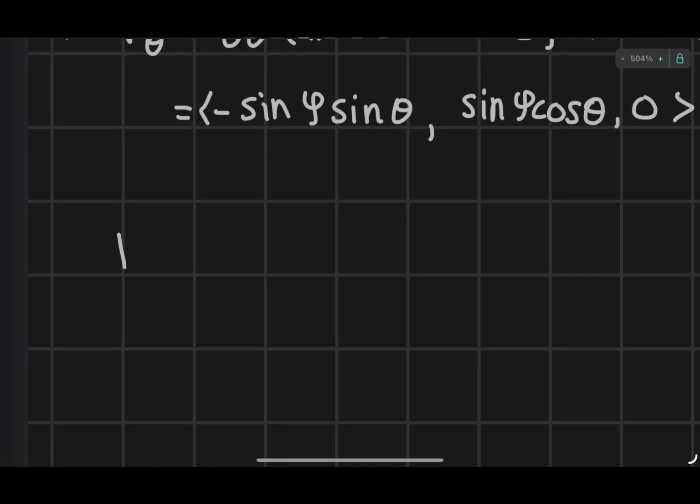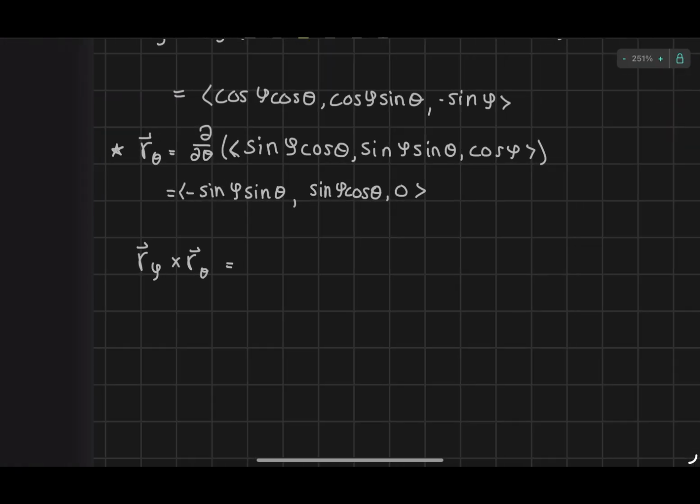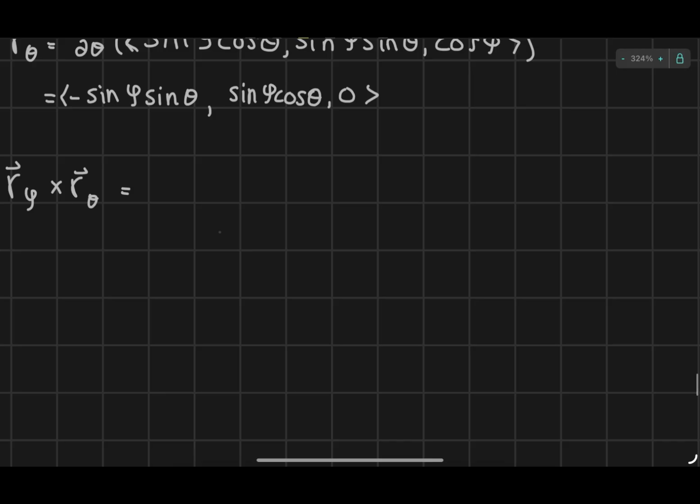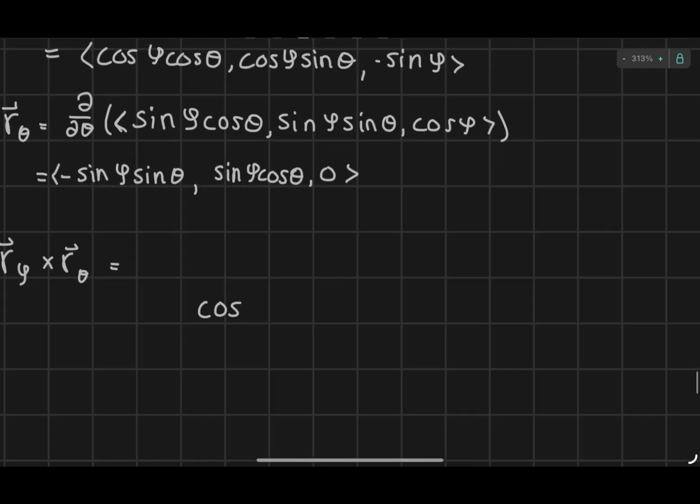Now taking the cross product, r sub phi cross r sub theta, we're definitely going to want to write out our terms before we try to simplify anything. Starting off with our r sub phi, we're going to have cosine phi cosine theta, cosine phi sine theta, and negative sine phi.